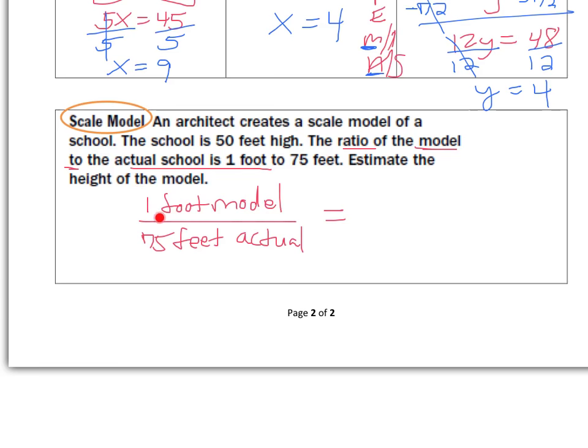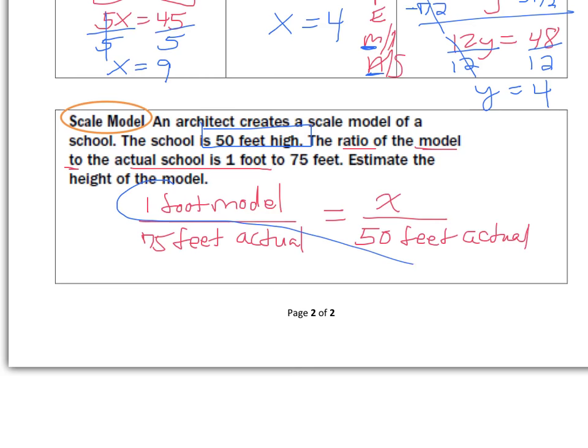Now, since we put the model up on top here in the numerator, then the model has to be on the top over here. We don't know what that is, so we're going to assign a variable, but we do know that here we've got the actual building on the bottom, 75 feet, and we're told that the building is 50 feet high, so we're going to put that 50 feet actual building here on the bottom.